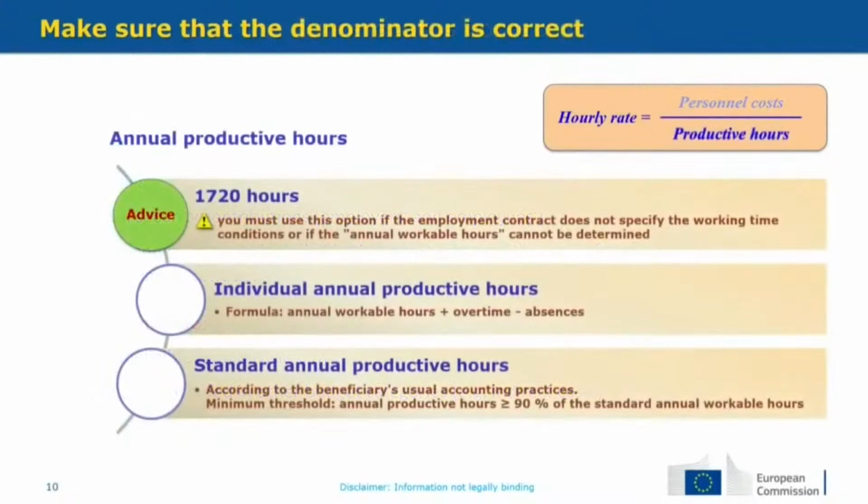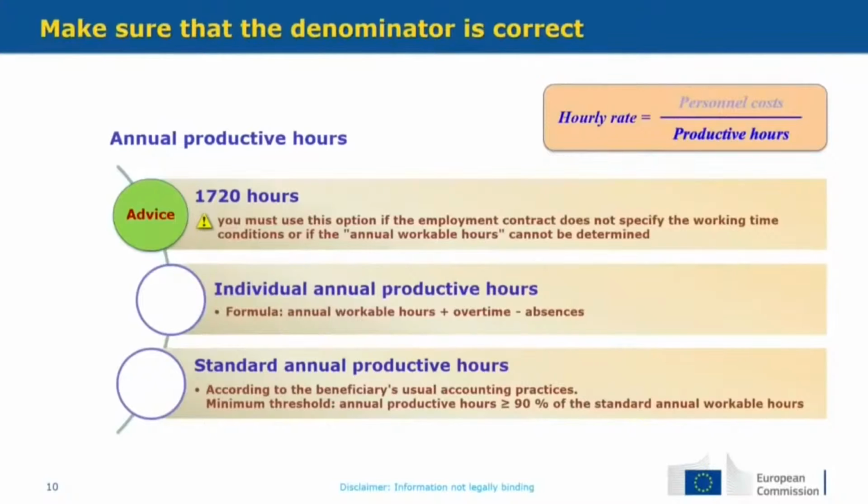For the denominator, so for the down part of the equation to calculate the hourly rate, the advice, as my colleague said as well, is to really use the option 1,720 hours. This has, let's say, the least possibility to make errors.